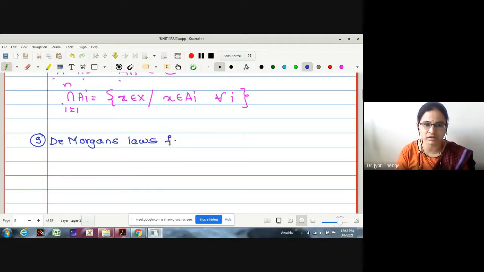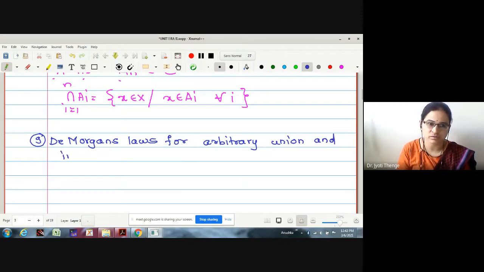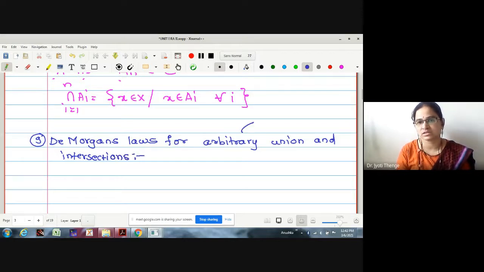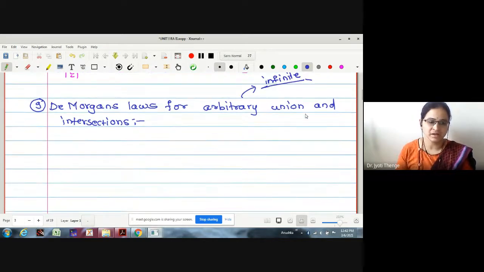Arbitrary De Morgan's laws for arbitrary union and intersection. Okay, are you getting the meaning of the word arbitrary? Yes, infinite. In short, it is infinite union or infinite intersection.